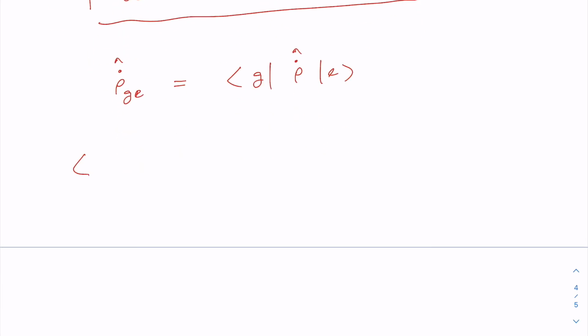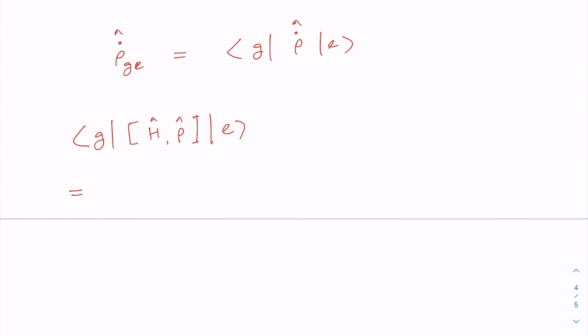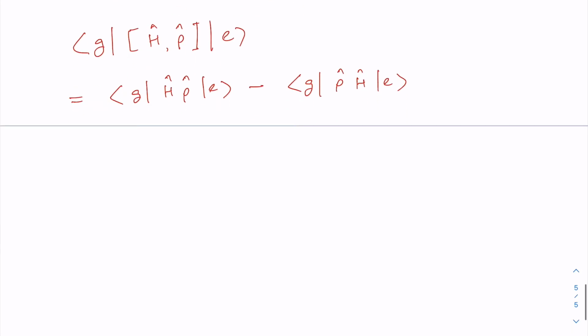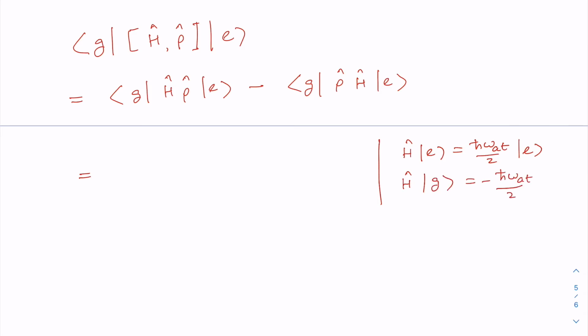First of all let me work out Z H rho E. So this would be equal to Z H rho E minus Z rho H E, and because we have already written this, let me remind you again that H on E is equal to h cross omega atom by 2 E, and H when it operates on the ground state you get minus h cross omega atom by 2 Z.